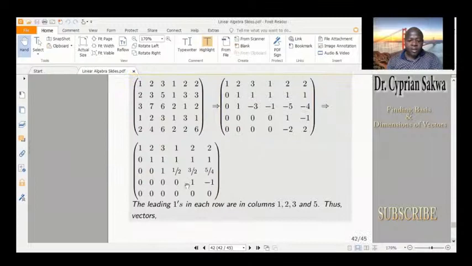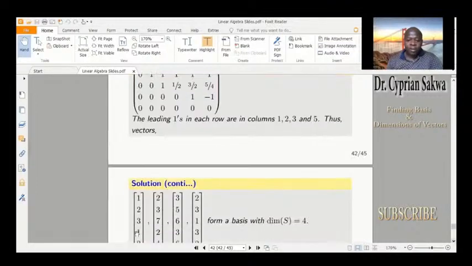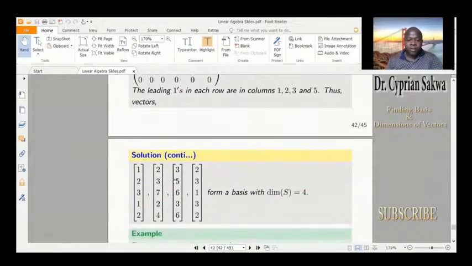So that's what I've said, that the leading ones in each row are in columns 1, 2, 3, and 5. Thus, the vectors in column 1, original vectors, column 1 was this vector, column 2 was this, column 3 was this, and column 5 was this vector.